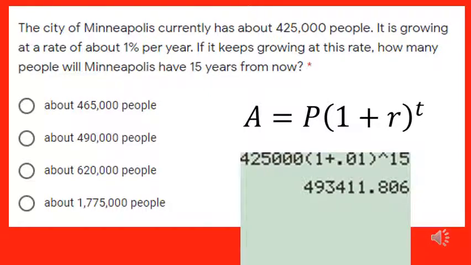R is just your rate of growth, t is the time. So you can see what I did is I took 425,000 times 1 plus 0.01, since the rate of growth has to be a decimal. You raise that to the 15th power, and the exact answer is not one of the choices, but you can see that's pretty close to 490,000.